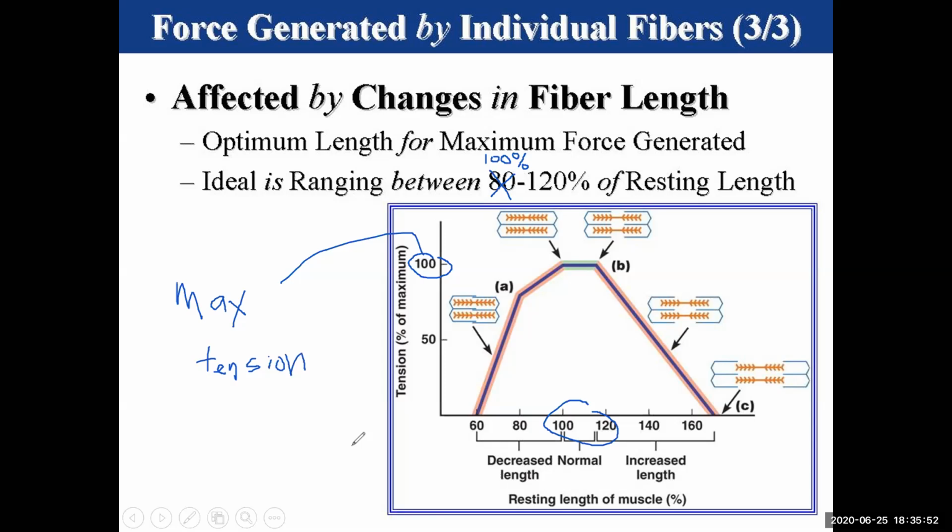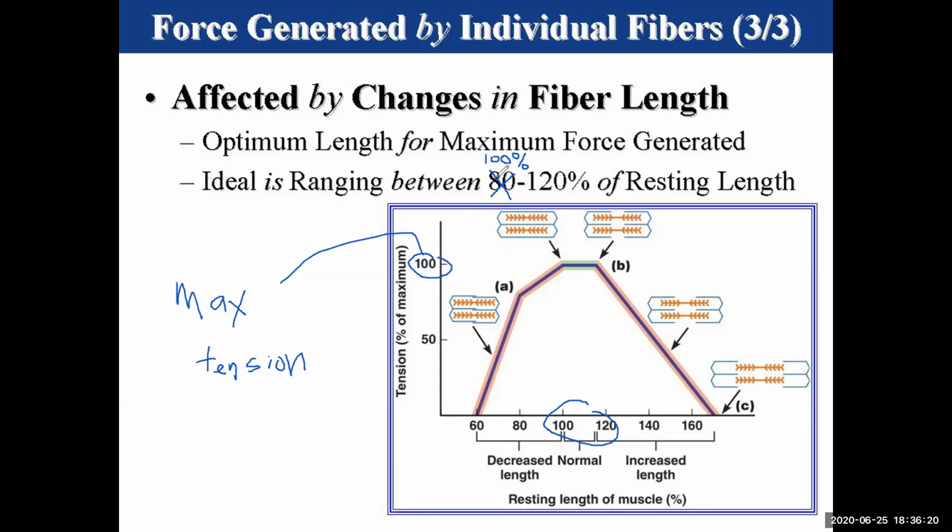So if your skeletal muscle fiber at rest, before it contracts, has a length anywhere from 100% of its normal resting length or slightly stretched out to 120% of its resting length, it will be able to generate maximal tension, maximal force of contraction.